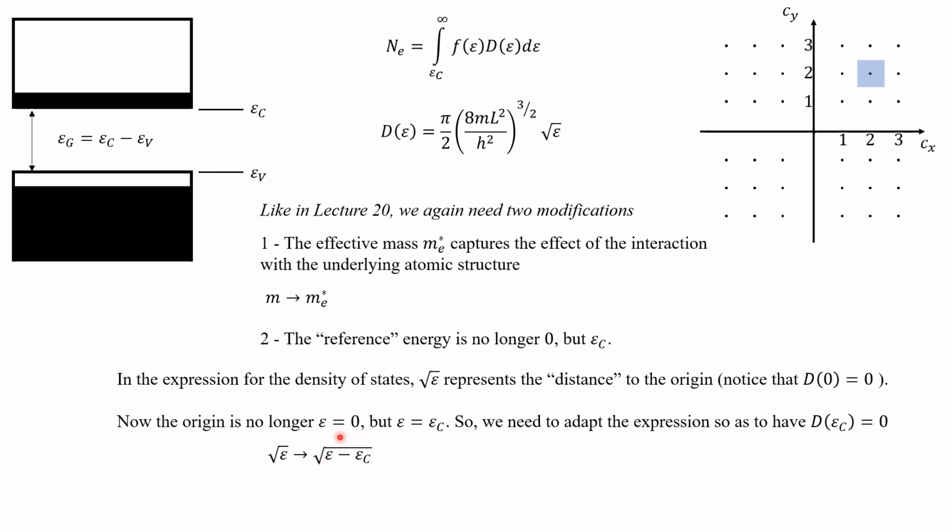So with this replacement, when we evaluate the density of states at the minimal energy, epsilon c, we get 0, like we get when we evaluate the density of states at the minimal energy, which is the energy at the origin. So with these two modifications, this expression is now adapted to the system gas of electrons in the conduction band. In other words, a free electron gas.